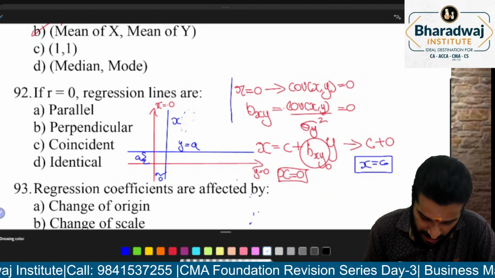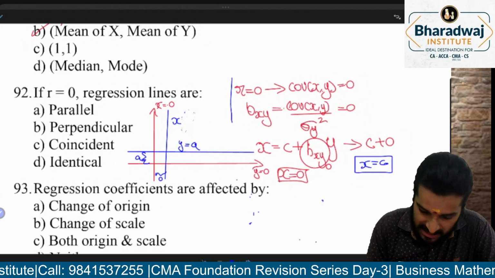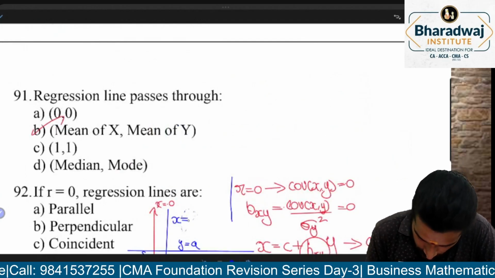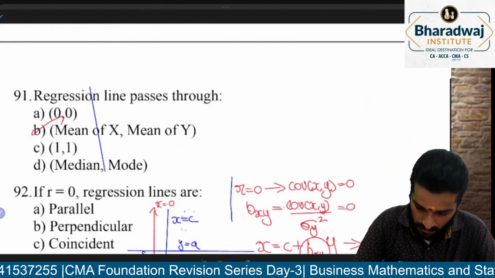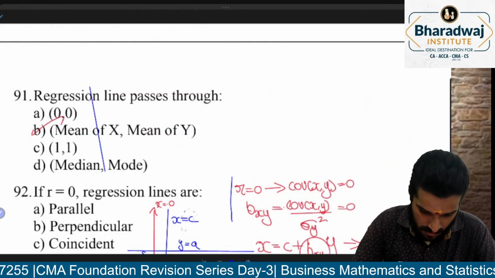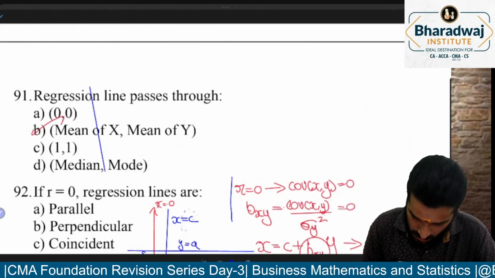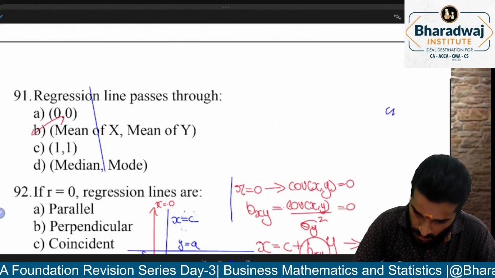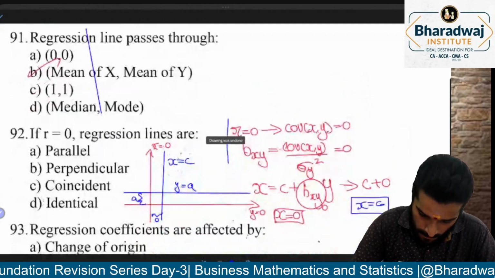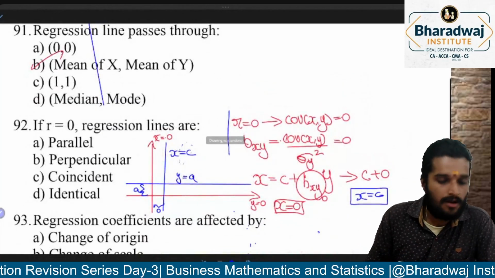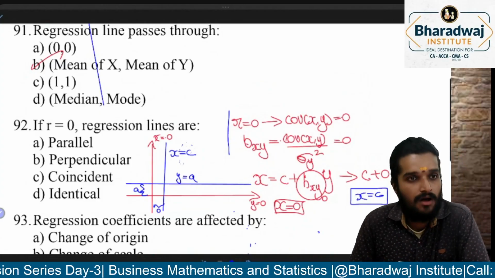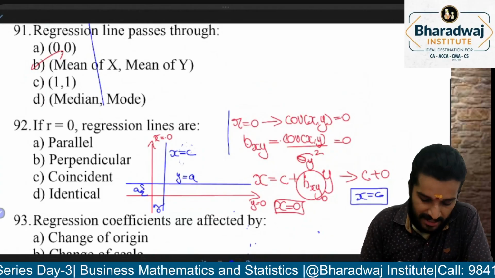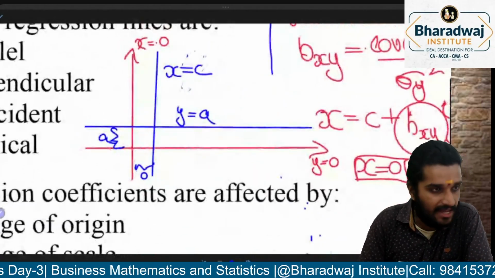Okay, let me name it as x equal to c. This will be my entire line.